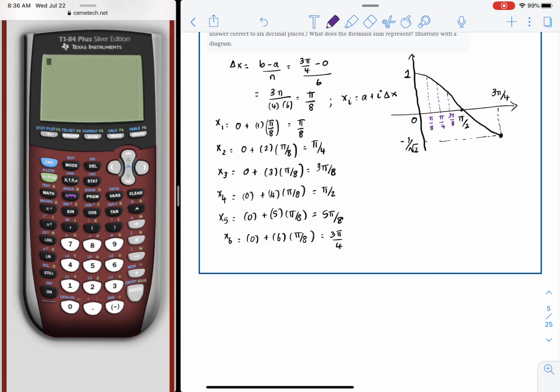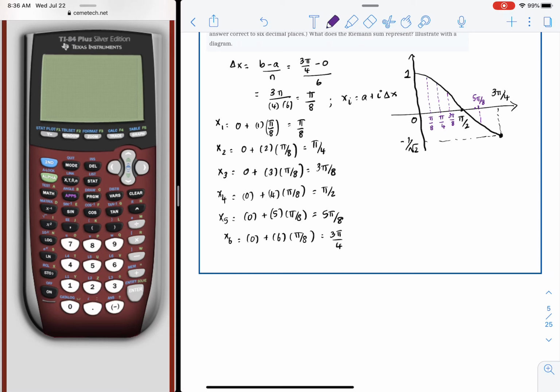And on the other side, we have 5 pi over 8. And the next one is simply 3 pi over 4. So we have our 6 endpoints. One of them is exactly at pi over 2, and the other one is 3 pi over 4.